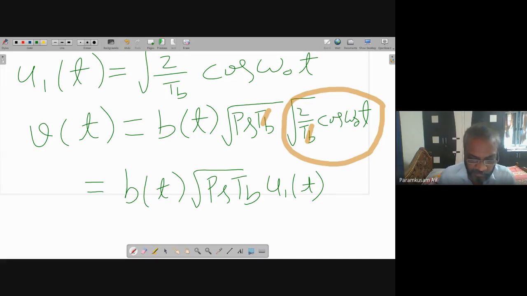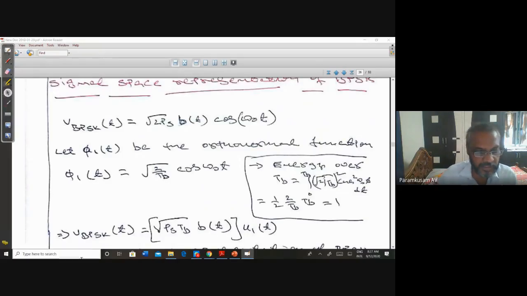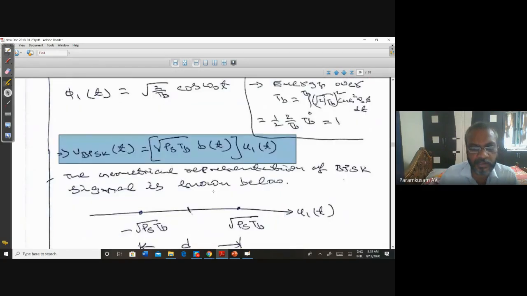Now you note down the signal space diagram. Here, the B of t can be represented in terms of U of t: root over PS TB, B of t into U of t.